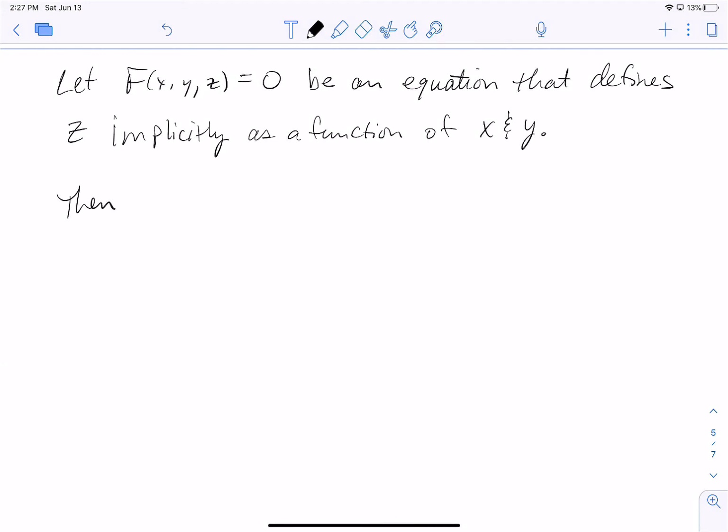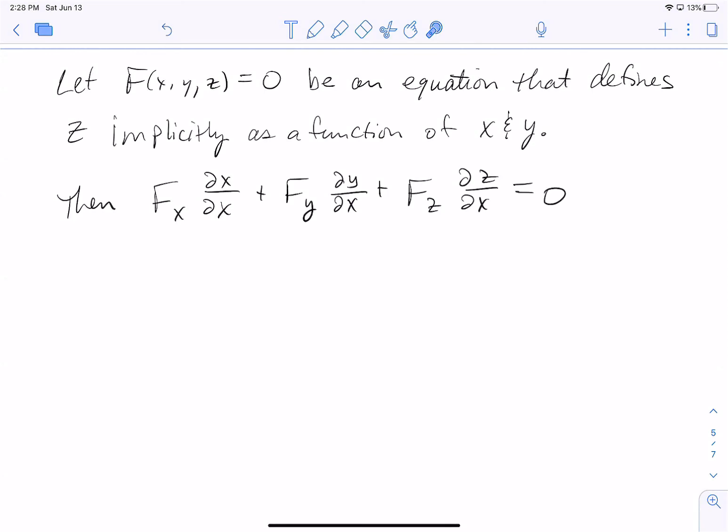Then, using the chain rule again to differentiate with respect to x is going to give us the partial of f with respect to x times the partial of x with respect to x plus the partial of f with respect to y times the partial of y with respect to x plus the partial of f with respect to z times the partial of z with respect to x is equal to 0.